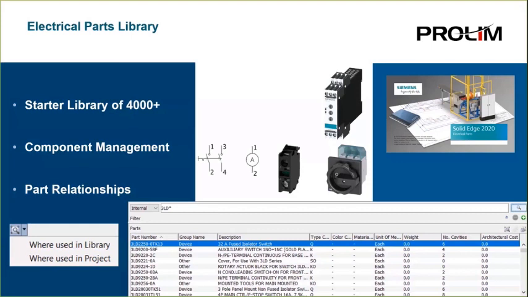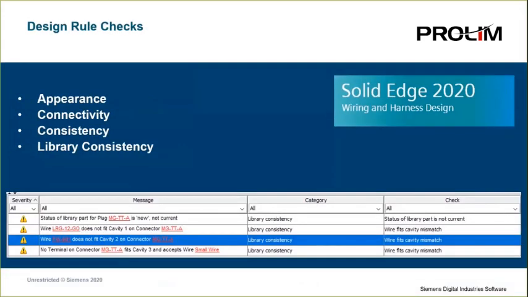And we have design rule checks to make sure that that information is lining up. Help us catch those issues that we may have from the beginning and not waiting to the end. The design rule checks, as they run, come in 4 different categories. It could be an appearance check, something like maybe the pins are not on the grid or the pins are overlapping conductors, for example.